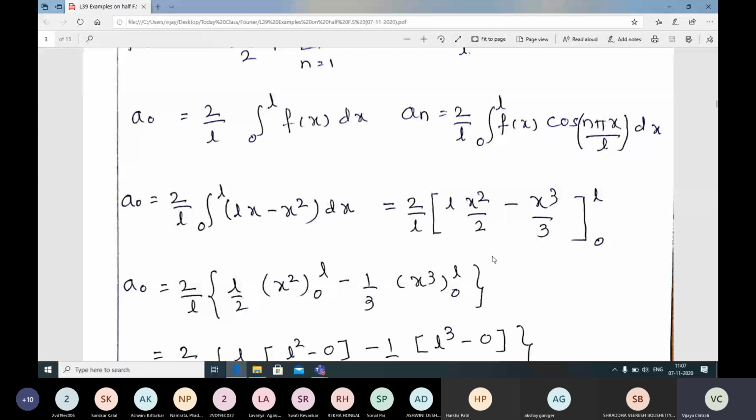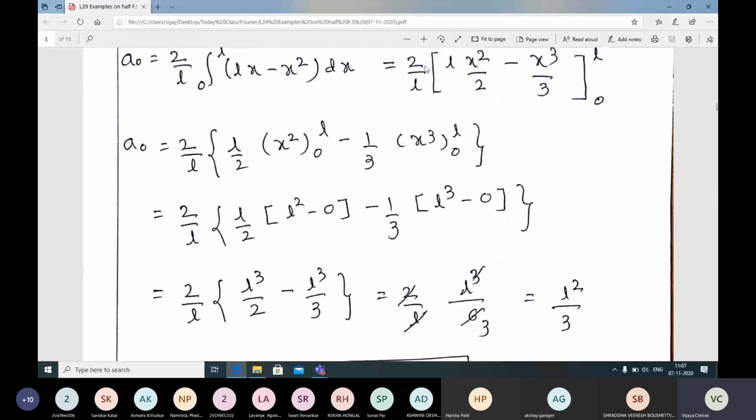So a naught is equal to 2 by L, and this L by 2, take it outside, x square limits vary from 0 to L, minus 1 by 3 outside, x cube limits vary from 0 to L. Now substitute the limits. 2 by L is as it is, L by 2 is as it is.